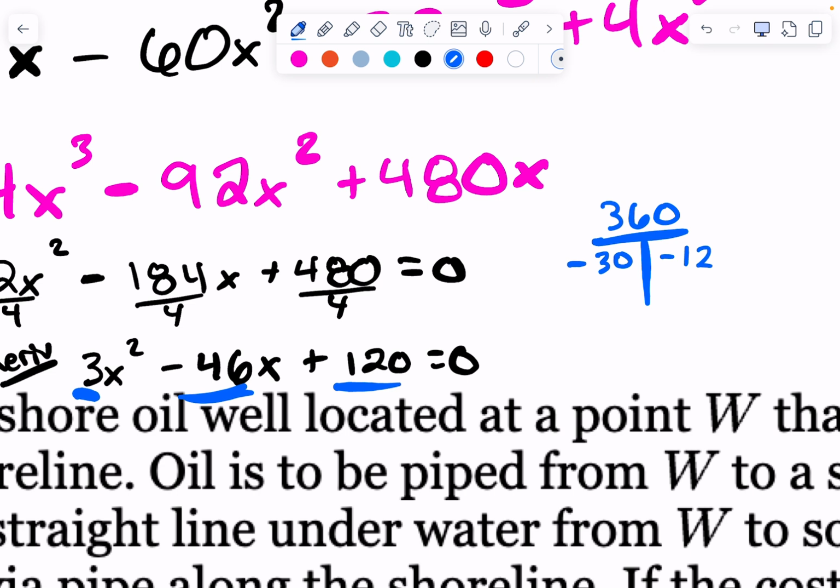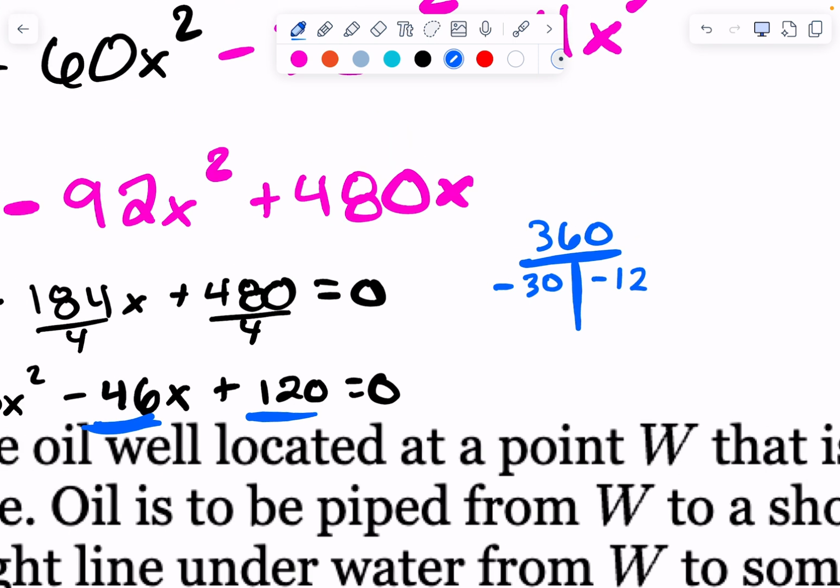What? They have to add to get negative 46. Oh, duh. 36 times 10. Whatever. You didn't know? I'm so lost. 36 times 10. You're so lost?